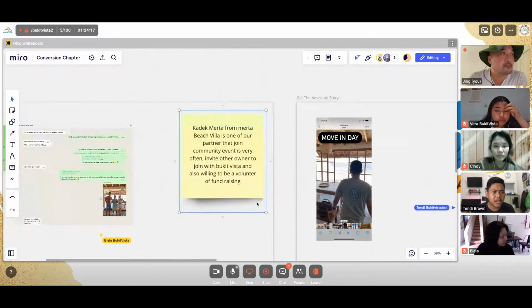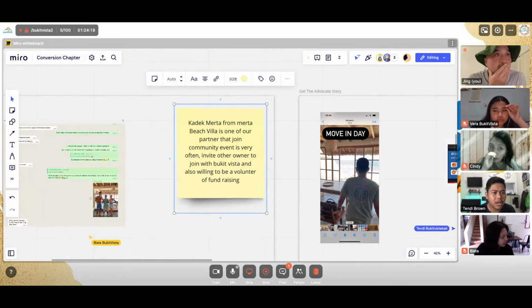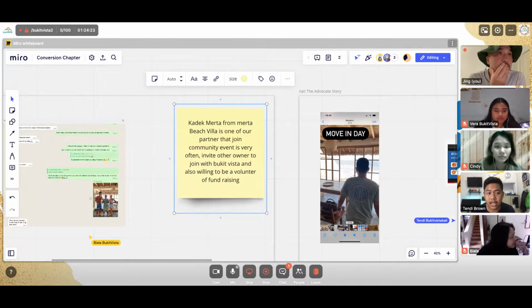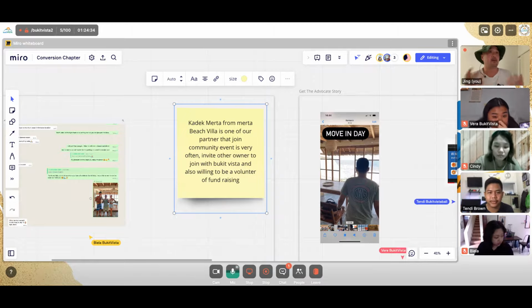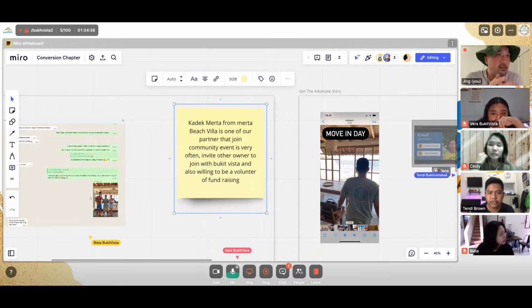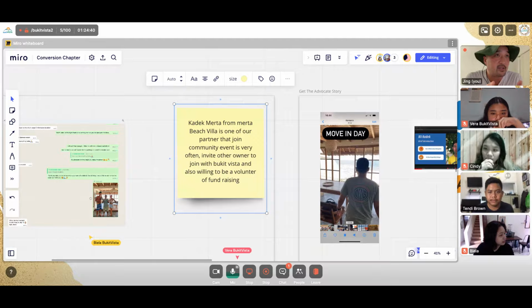And then he also invites and advocates other partners, property owners, to join with Bukit Vista. And we got some from him as well. And then he is also willing to be a volunteer on the fundraising. Excellent. Okay, terrific. So those are all very, very enriched ways, everybody, that we can identify advocates.